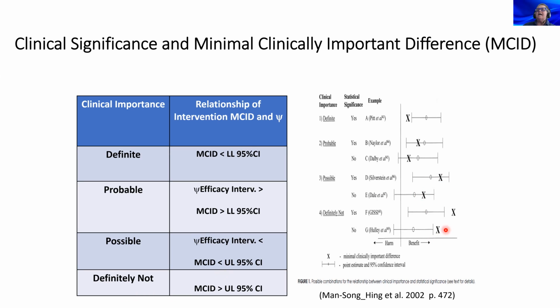And then definitely not. So we have quite a bit of type 1 error here. Our MCID is above the upper limit of the confidence interval. So I'd ask you to consider thinking about this article, and then look in your area of interest. It might be a nice application to really understand what's happening in the literature in your area. So we have these 4.